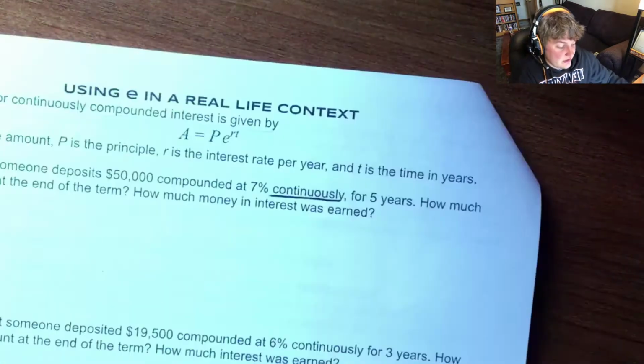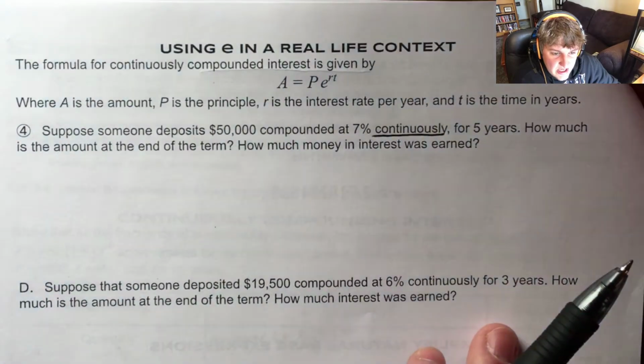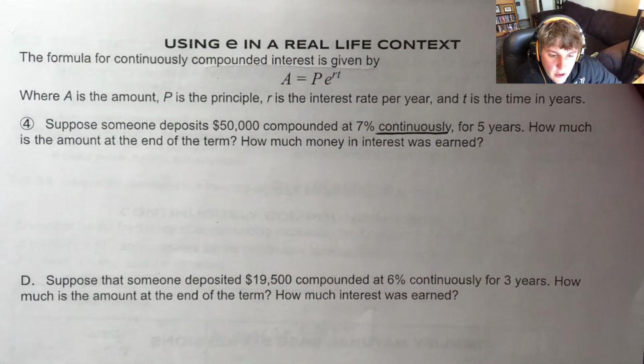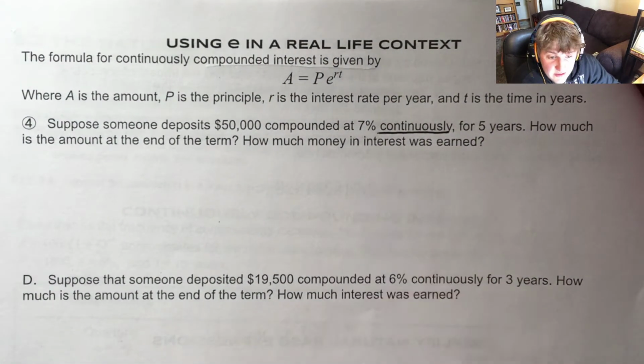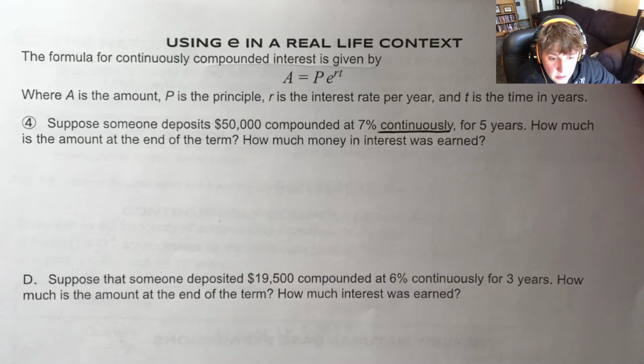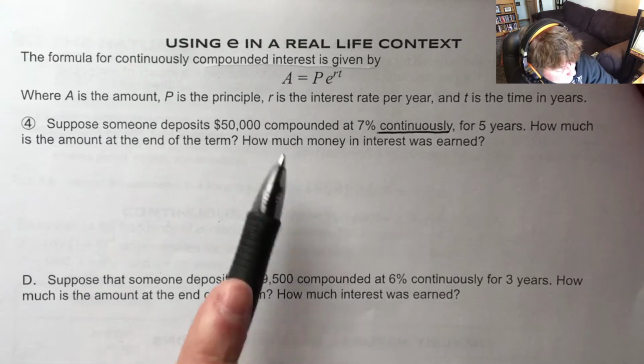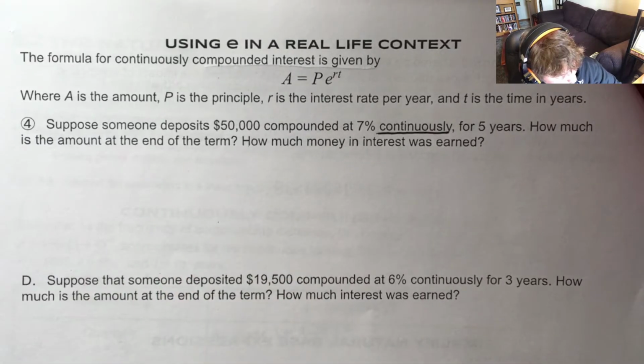One thing you need to consider is, well, what does e mean? e is going to be used when it's continuous exponential growth. In this situation, we have continuous exponential growth, and so we want to use this formula because that's the one that represents continuous.